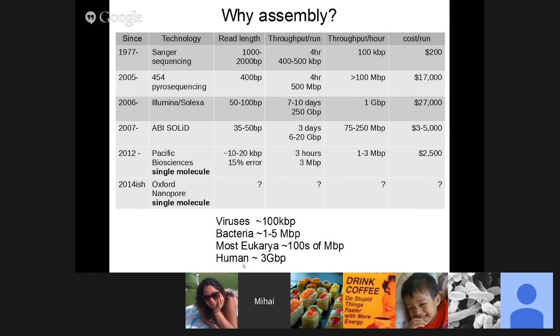But if you look at the sizes of genomes of typical organisms, bacteria are in the range of 1 to 5 megabase pairs. Most eukaryotes are in the hundreds of megabase pairs to the gigabase pairs, and there are even larger organisms out there. So there's simply no way of actually taking the genome of an organism, shoving it into a sequencing instrument, and getting an assembly out of that.